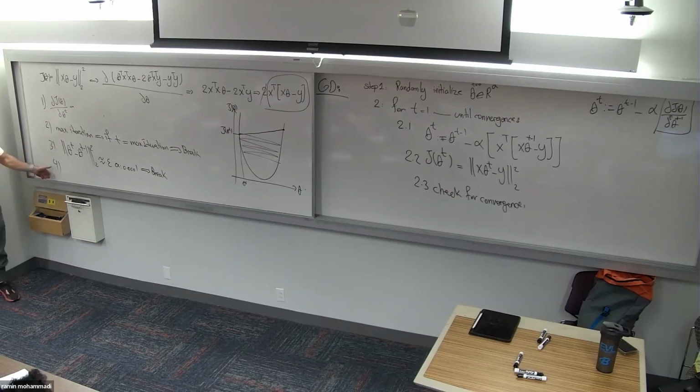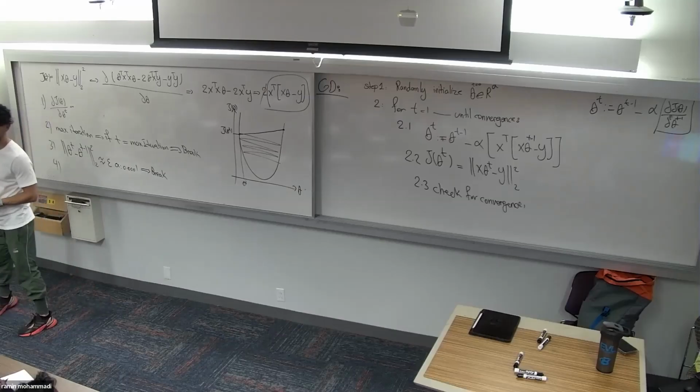What else can come to your mind outside of this? If you want to check at each step, what do you think you can check to see if you can stop? What else?